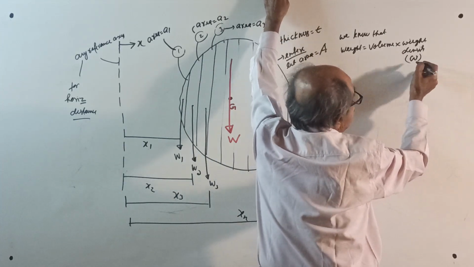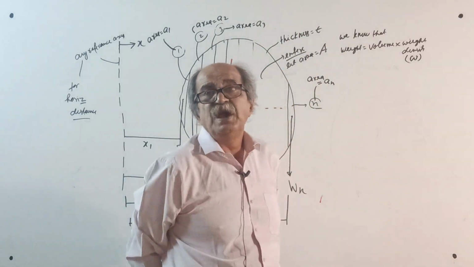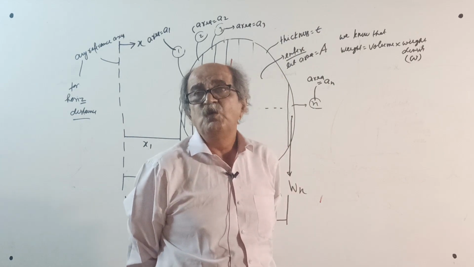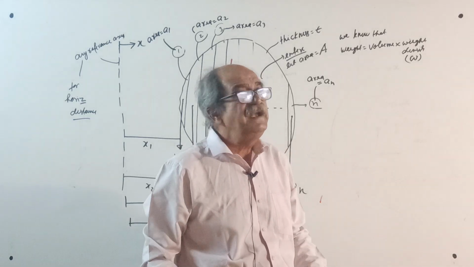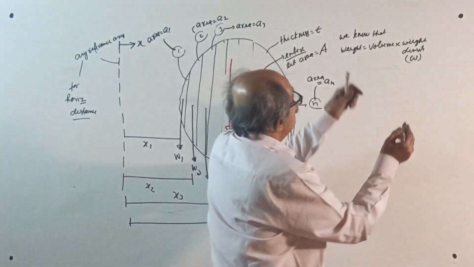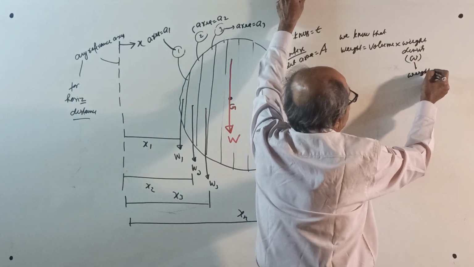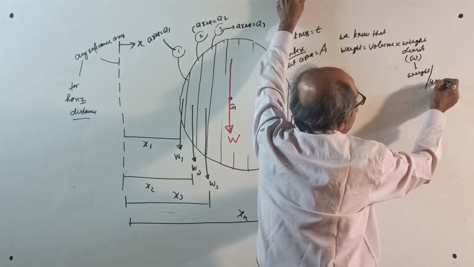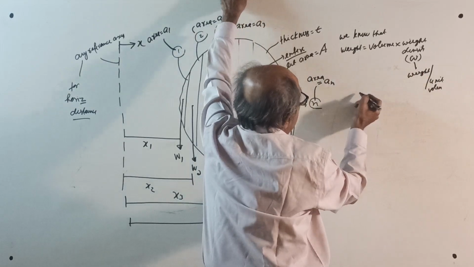For example, kilonewton per meter cube. Suppose you take 1 meter cube of water, it will weigh 1000 kilograms or 10 kilonewton. Weight density means weight per unit volume.